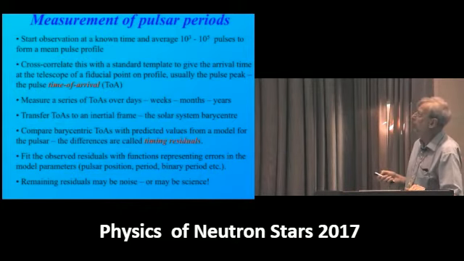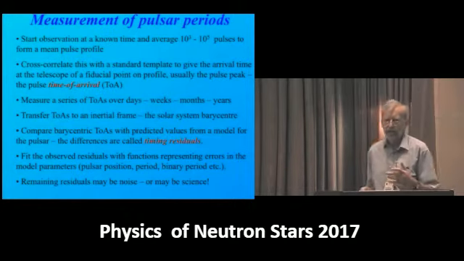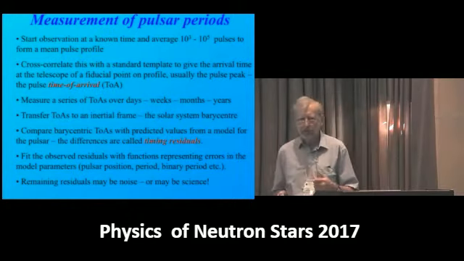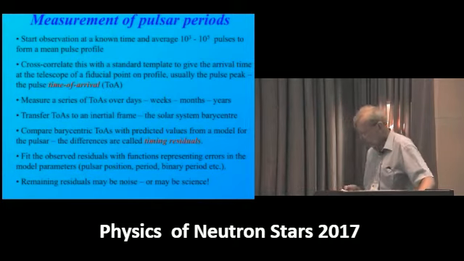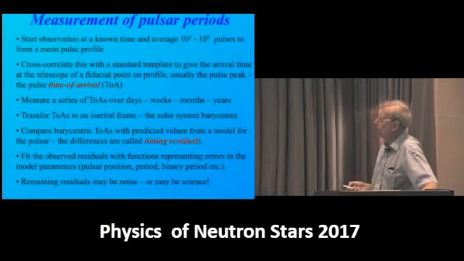We can then cross-correlate that mean pulse profile with a standard template to give what's called the pulse time of arrival at the telescope. So that's the basic quantity of pulsar timing. And then we measure a series of these TOAs over days and weeks and months and years.